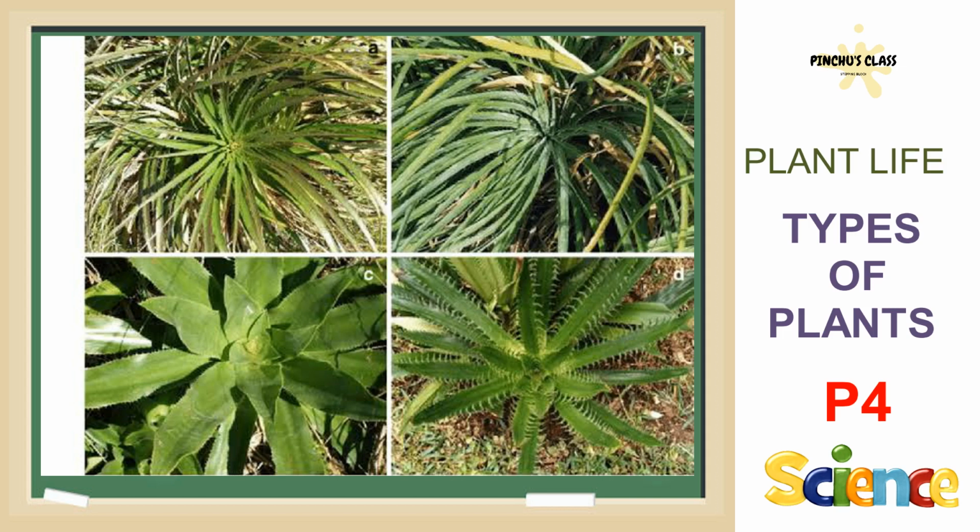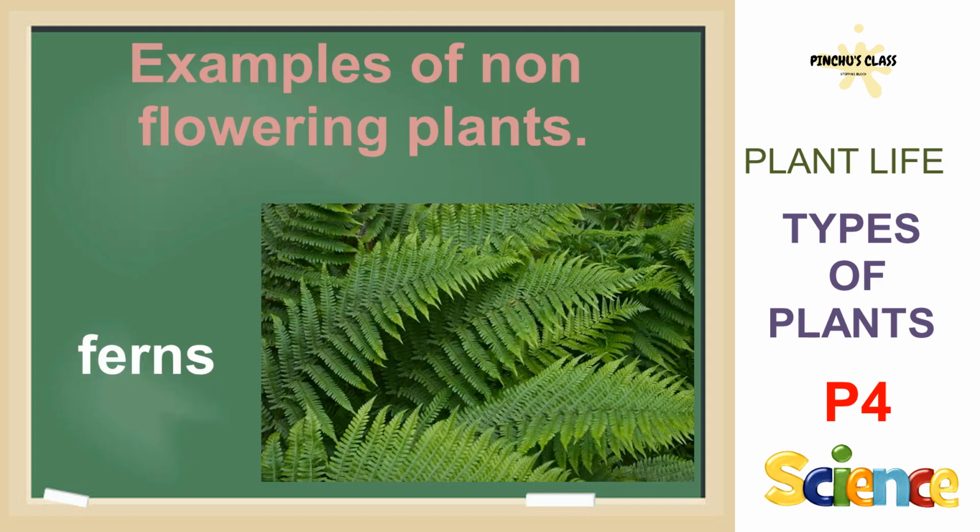Like the way we're going to see the examples. Now, most of these things are actually in your places, but you don't observe them. Most of you don't know these things because you do not give them attention. Like the ferns there. I know most of you don't know ferns, but they are actually at home.